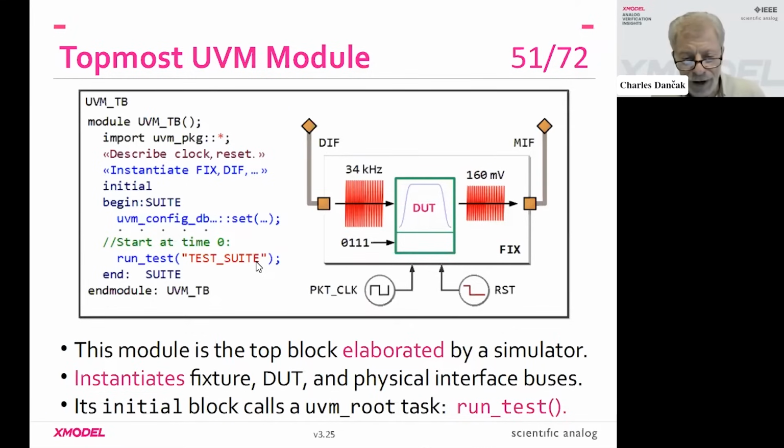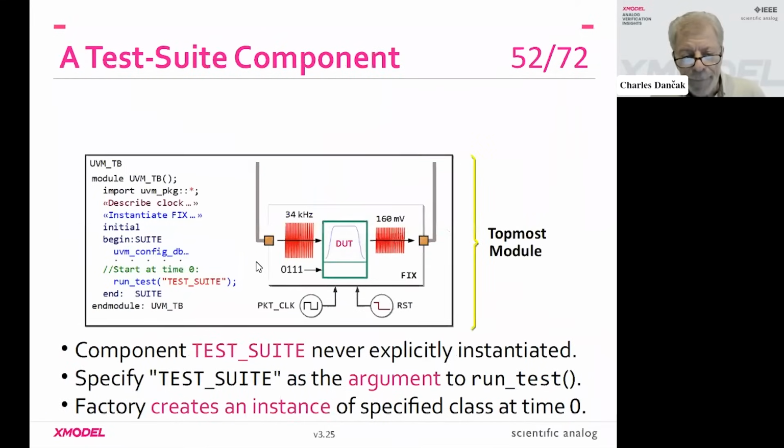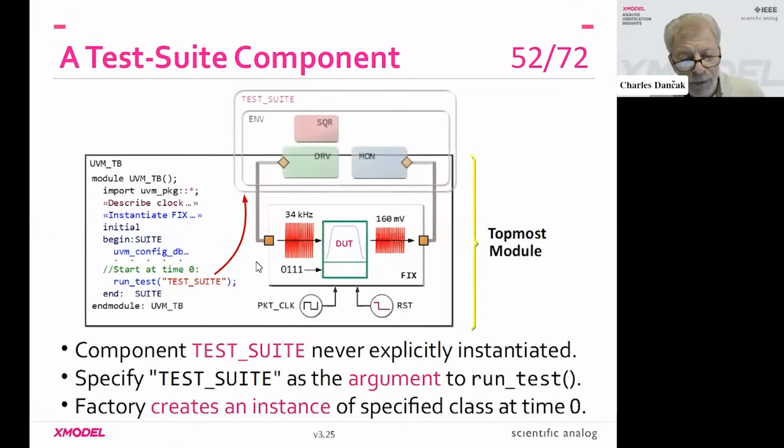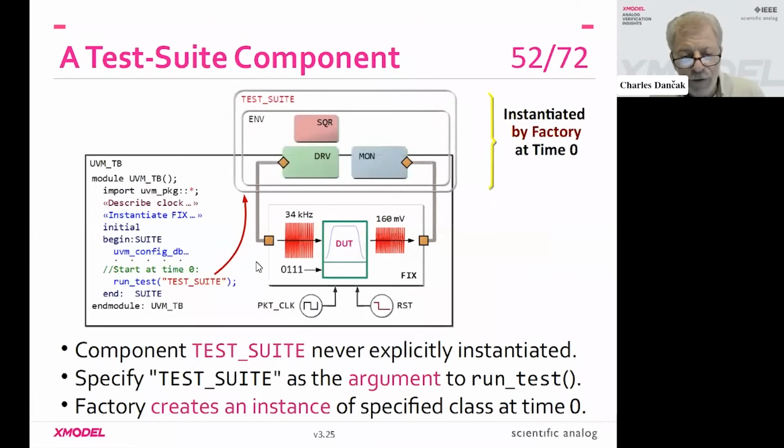Could also pass that from the command line, by the way, as a plus arg. So here's what happens. As run test is executed, the string name of the argument tells the UVM machinery, specifically the factory, go ahead and instantiate this particular test suite class object.